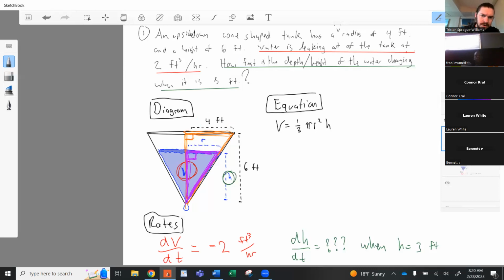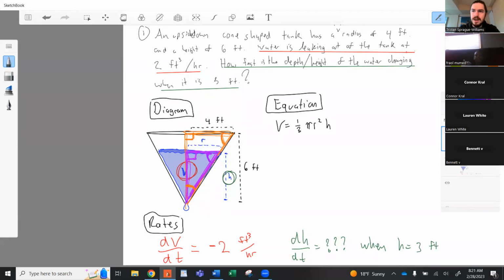This corner is a 90-degree angle. And they both share this angle down at the bottom here. That means this angle must be equal to this angle, because it's the only angle left. If the other two are both equal, the third one has to be equal because they both have to add up to 180. So we have similar triangles, and that means that their ratios are in proportion.